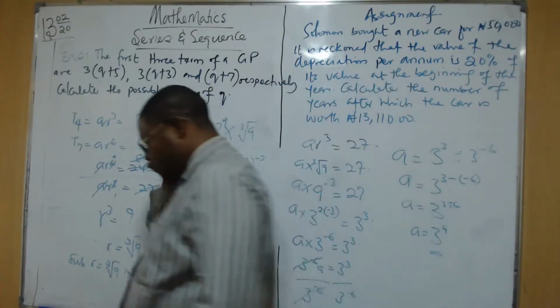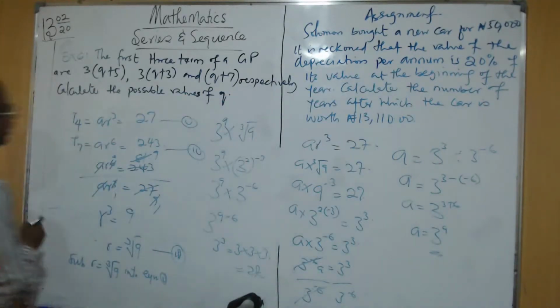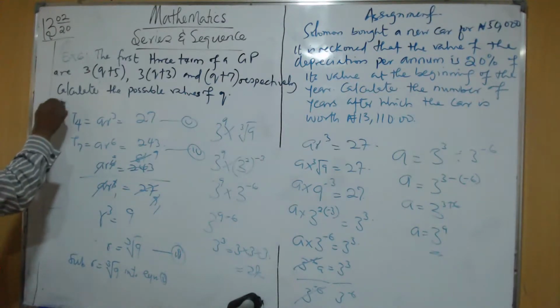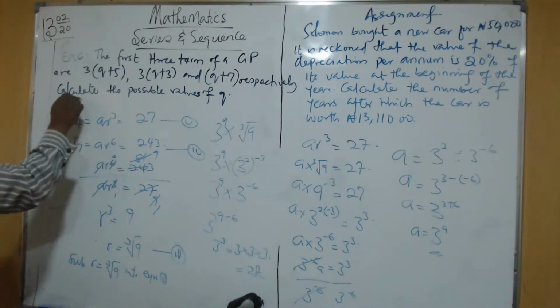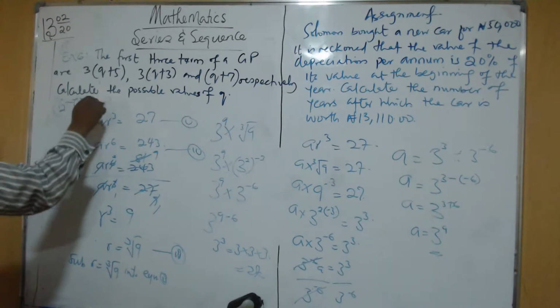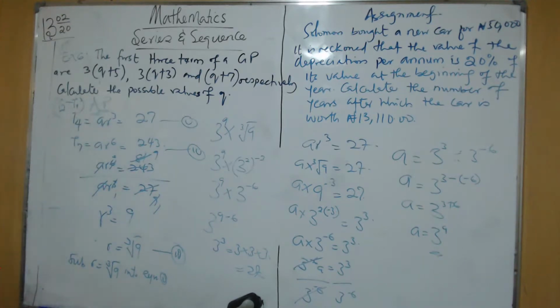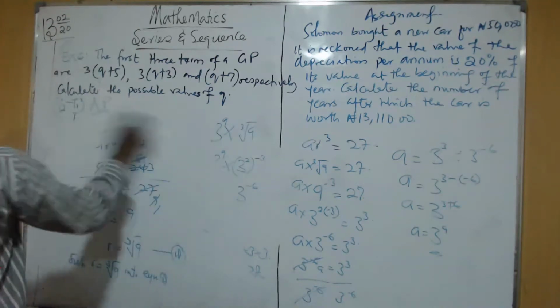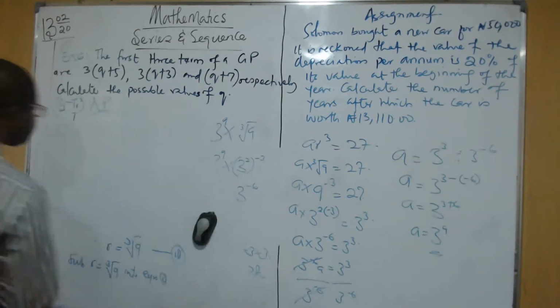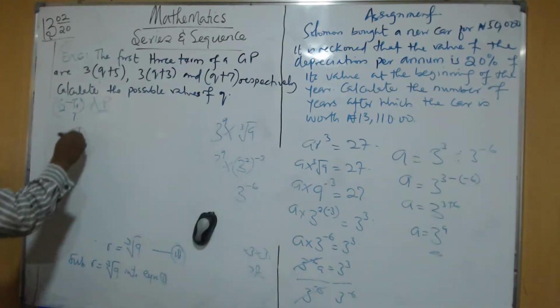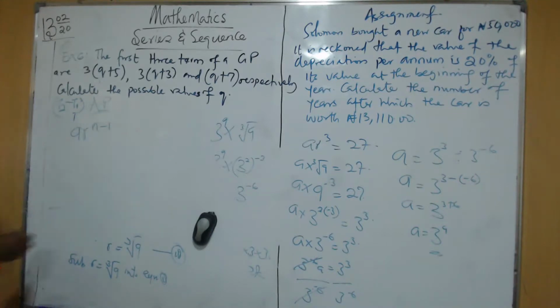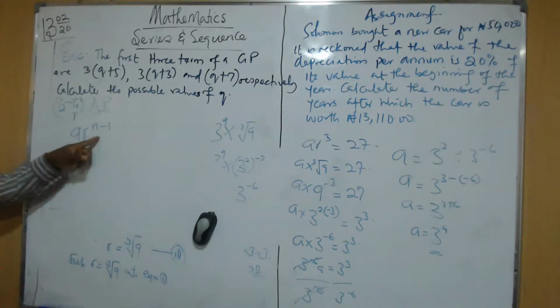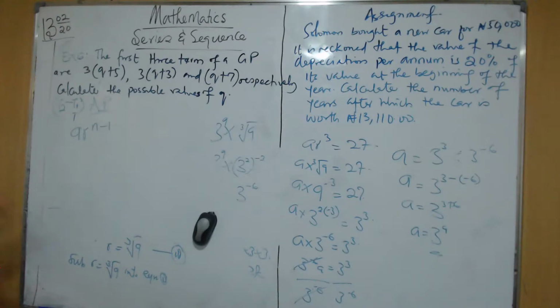We said for GP, we don't say the second term minus the first term. We can only use this when we are dealing with AP. Now, for GP, to get that, we have AR to the n minus 1, where n is the number of terms given to you.